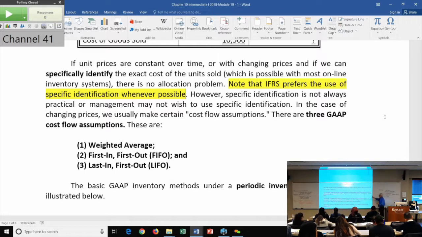Let's take a look at the three methods. The weighted average method under a periodic system, which I said you could review in Module 1 if you wanted to, or, as we're going to see as well, is a moving weighted average under perpetual. The original use of this was for companies that sold a very high volume of a homogeneous product like liquid, oil and gas, any type of fuel, where the units would become mixed.